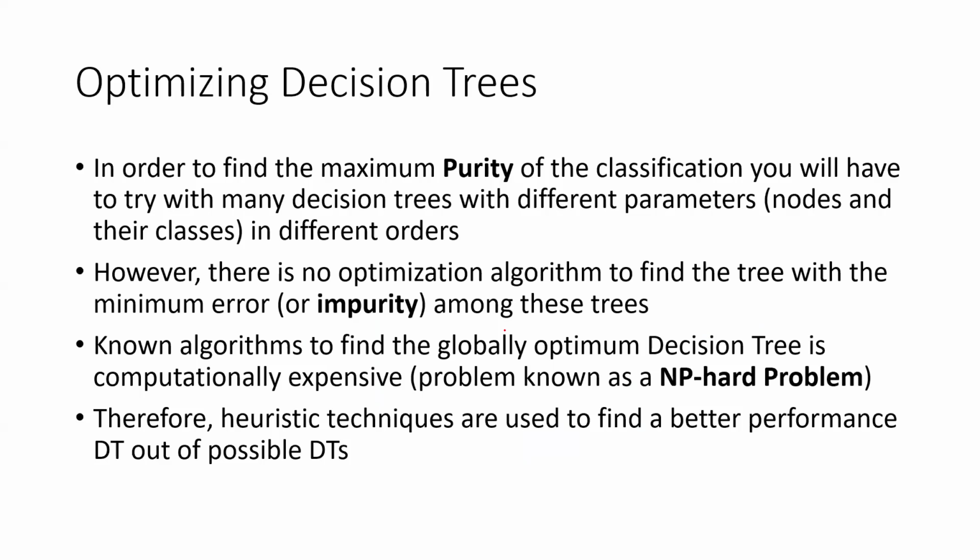So when you are creating a decision tree, you have to think about the purity in each of the nodes. The idea of the decision tree is to improve the purity of the classification in each of the nodes when the nodes are added to this particular tree.